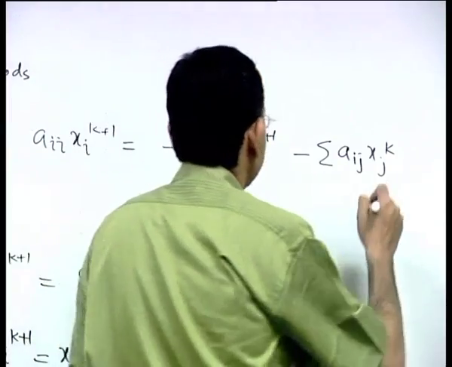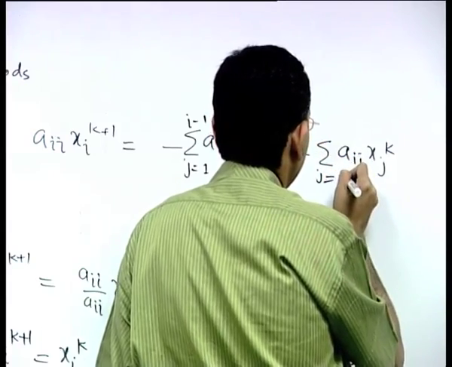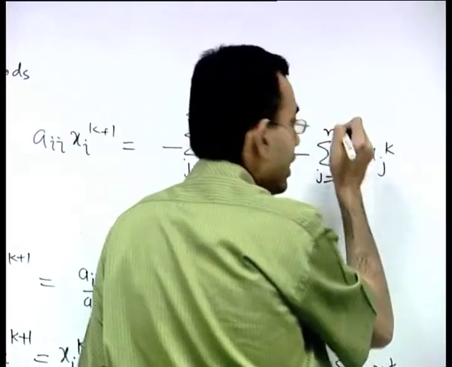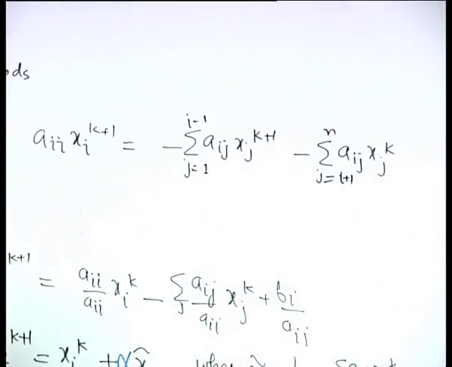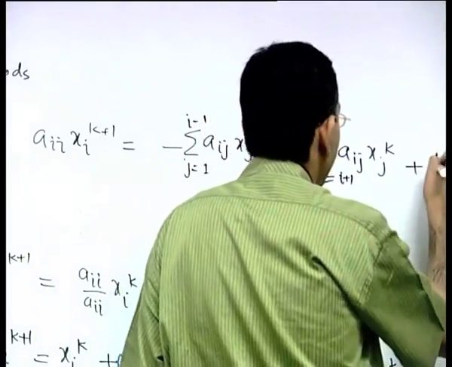Then this is for j equal to i plus 1 to n, plus bi.